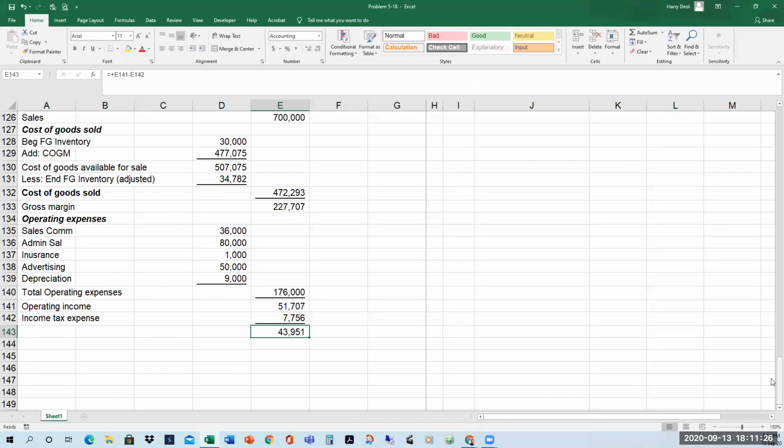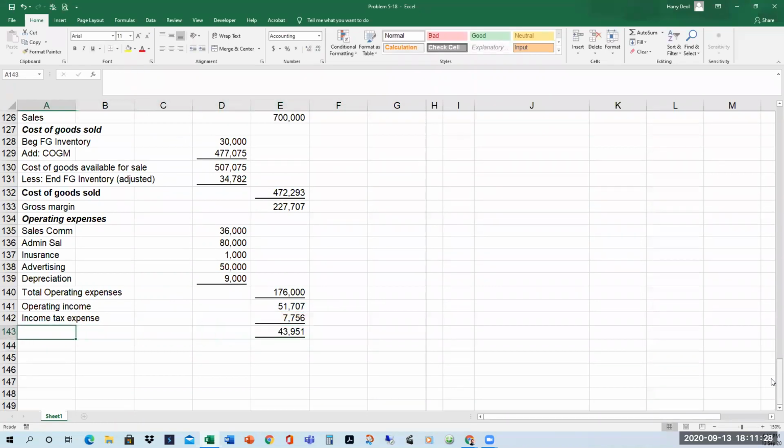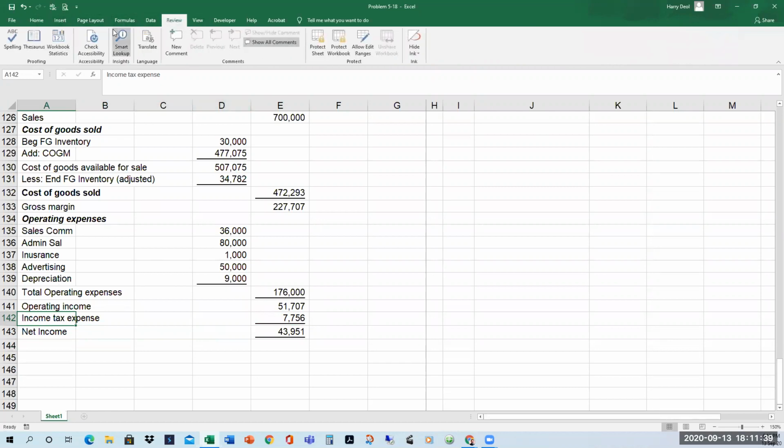Subtract, and what you get is net income. So let me just make sure I put this comment here. Not given in question. Assumed 15% for demonstration purposes.